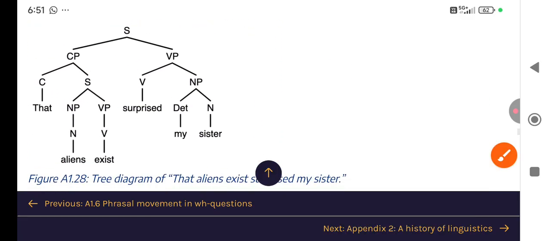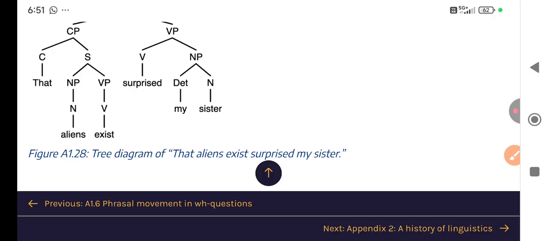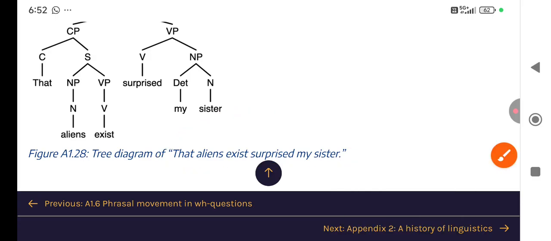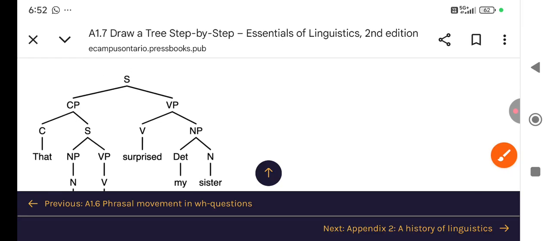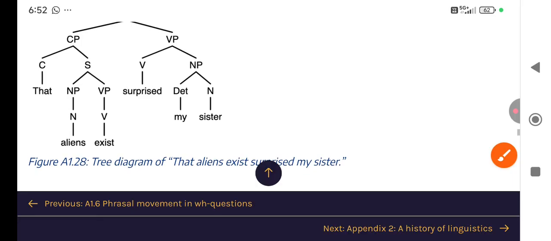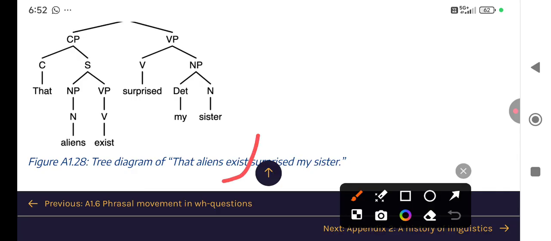Okay. Now the next one is the tree diagram of the sentence: that aliens exist surprised my sister. The sentence is that aliens exist, that's why they have written sentence. But in the sentence, that aliens exist, that is the clause phrase.